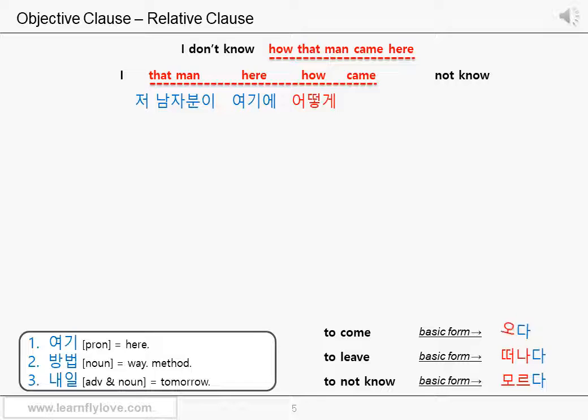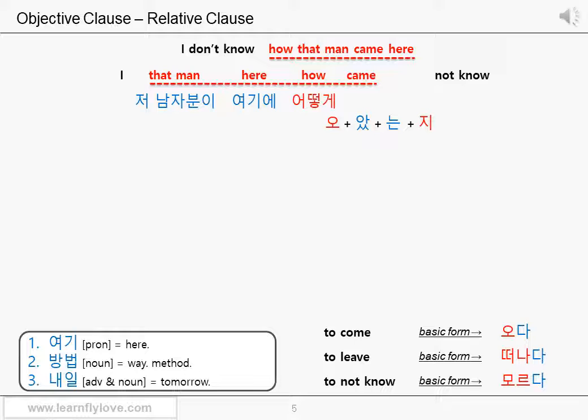The basic form of the verb come is 오다. The stem is 오. It has yang vowel 오. So you need to add one of the past tense indicators, 았 sound with the same yang vowel 아, to put it in the past tense, and add 는 and 지, 는지. 오 plus 았 plus 는 plus 지.